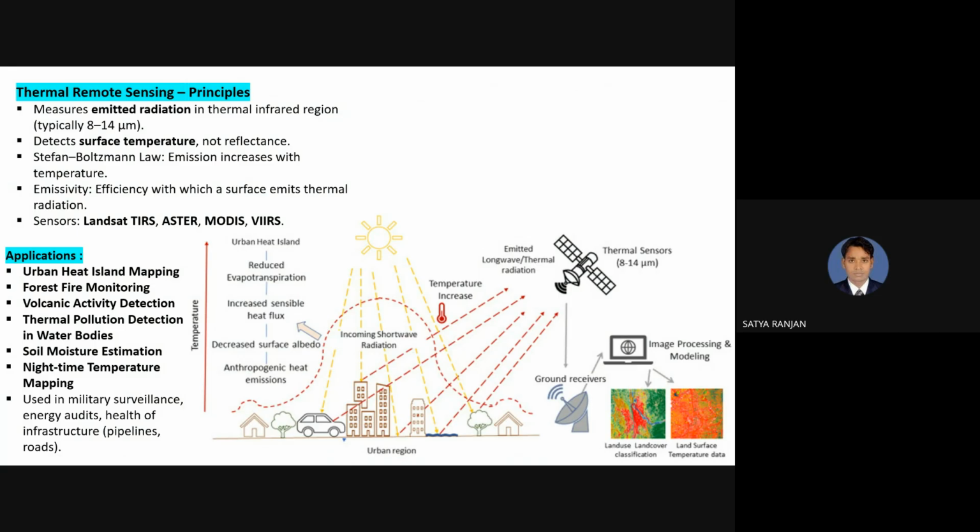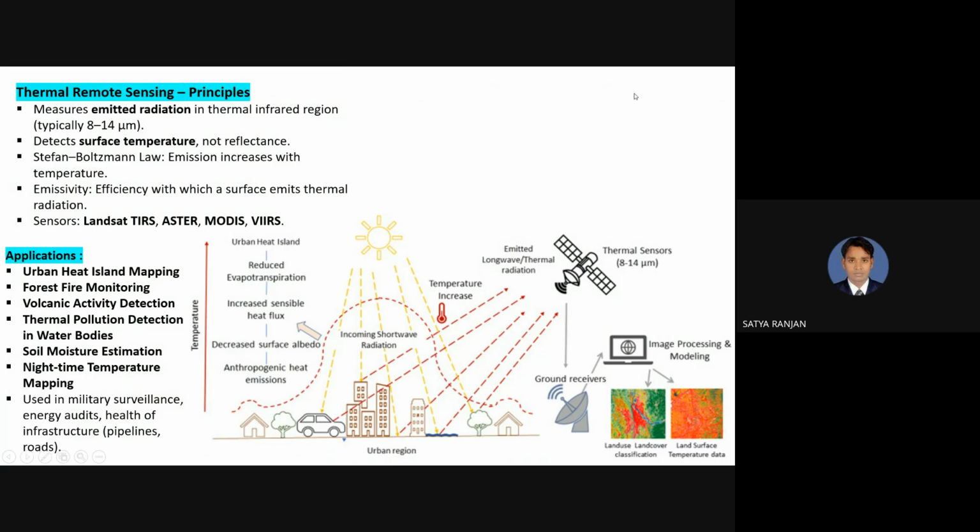Then volcanic activity detection, thermal pollution detection in water bodies, soil moisture estimation, nighttime temperature mapping. All these activities are monitored with the thermal sensor. And military surveillance, energy audit, health of infrastructure are also associated applications.